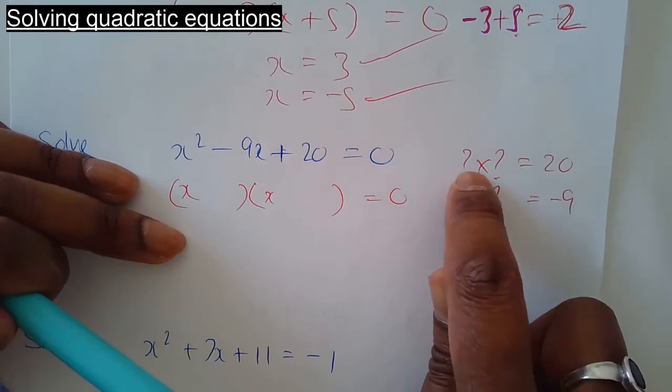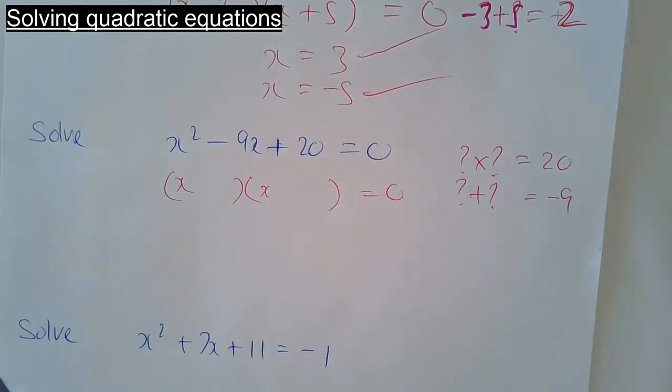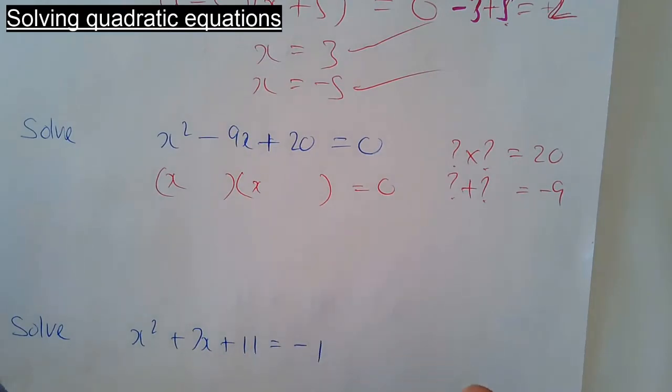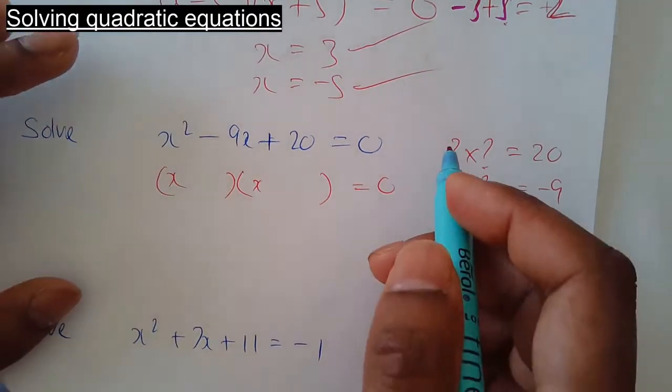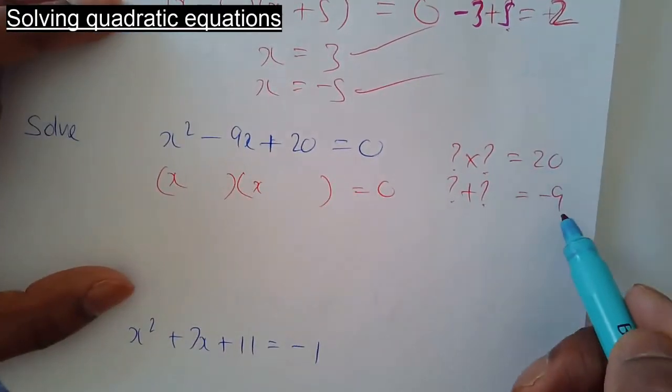No. So 2 times 10 works for that one, but 2 add 10 does not work for this one. Some of you might get this straight away, some of you might take a little while, but you just have to try different numbers until you get this one and this one correct.